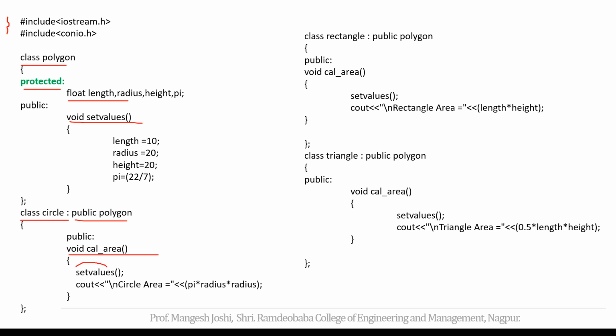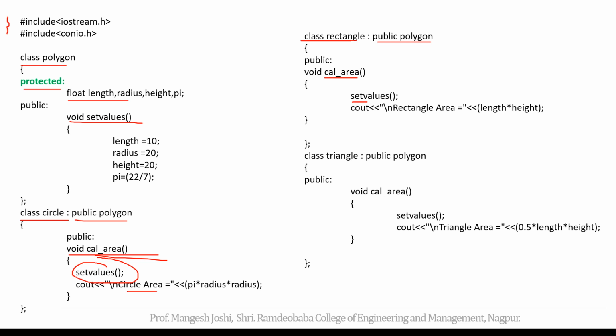So we are calling set values here, right? And then we are calculating the area pi r square. So this calculate area function will first set the values and then it will calculate the circle area. The second derived class, that is a rectangle class, is derived from again polygon.